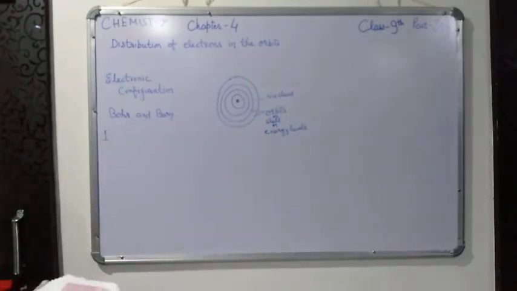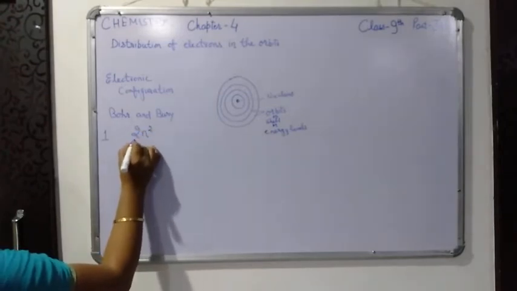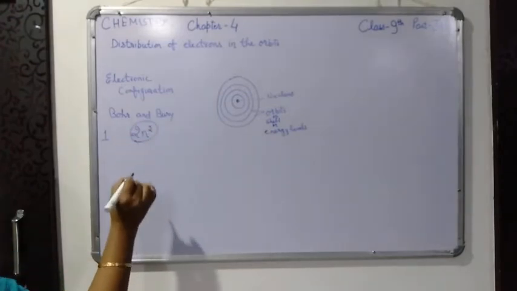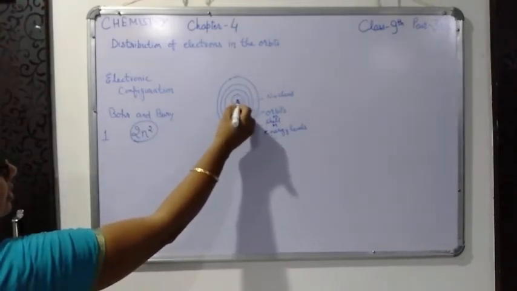The first rule: the maximum possible number of electrons in a particular shell is given by the formula 2n square. You have to apply this formula to distribute the electrons. Suppose this one is a nucleus.